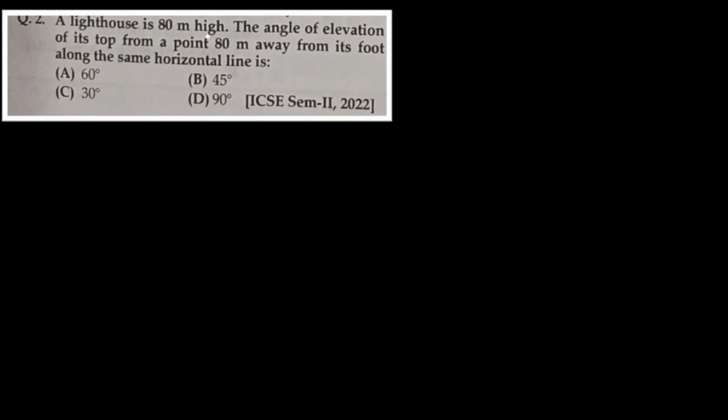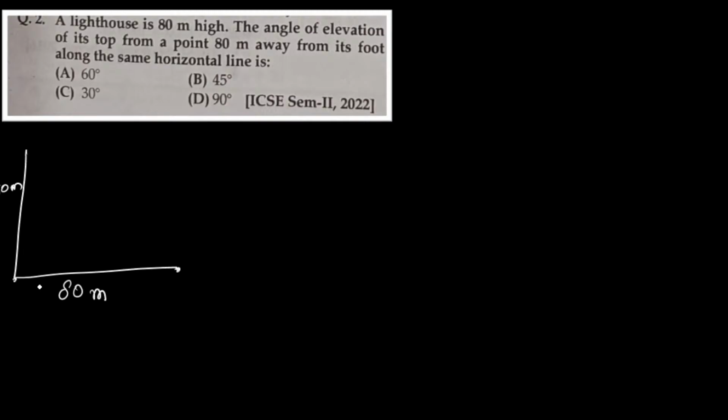A lighthouse is 80 meters high. So that means the perpendicular is given to us. Always try to convert the given situation into a right angle triangle. The angle of elevation of its top from a point 80 meters away from its foot. The foot of the tower, that is the lighthouse, is here.